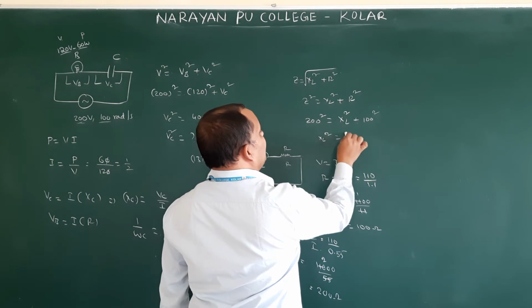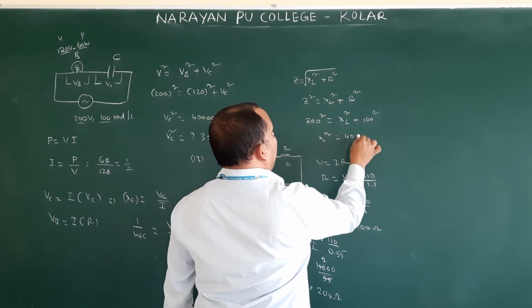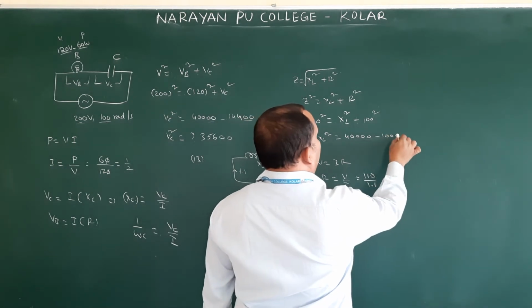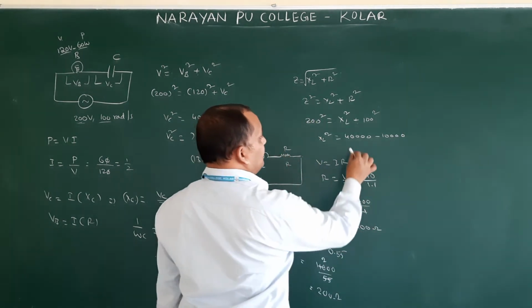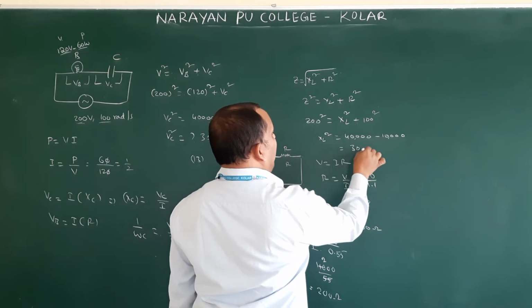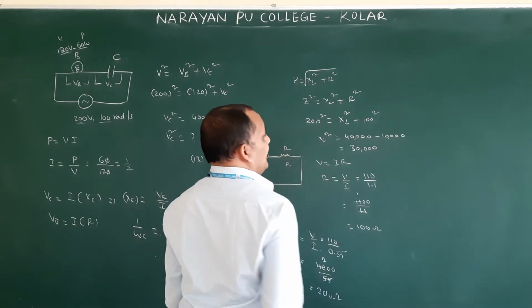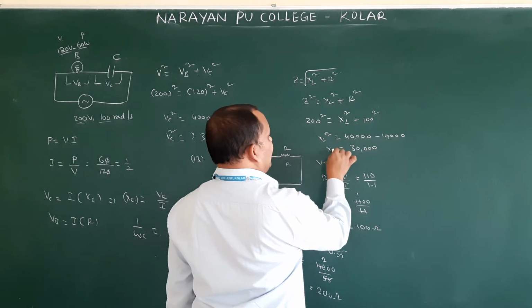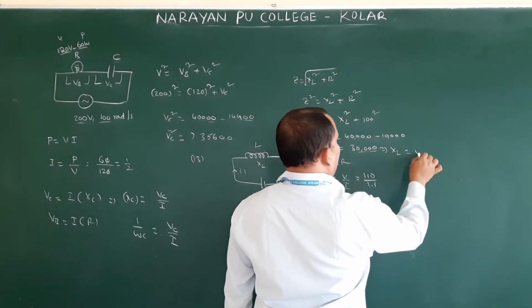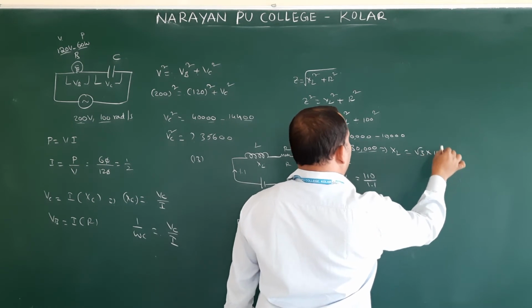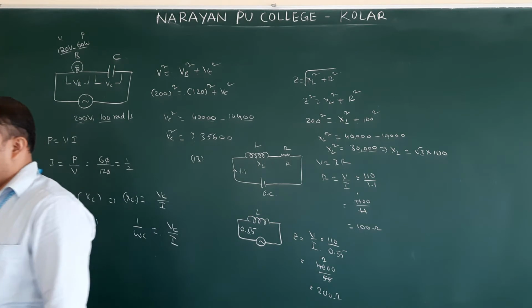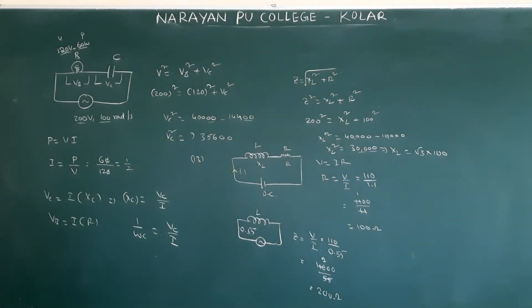XL square is equal to 40,000 minus 10,000, that is 30,000. Then XL is root of 30,000, that is 100 root 3. So XL is 100 root 3 ohms.